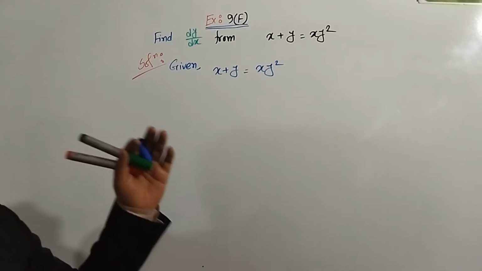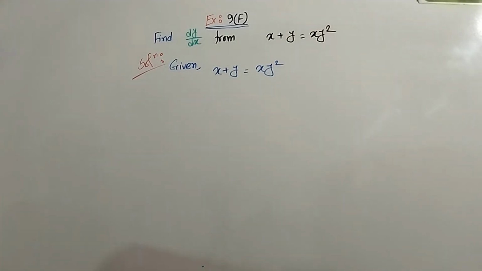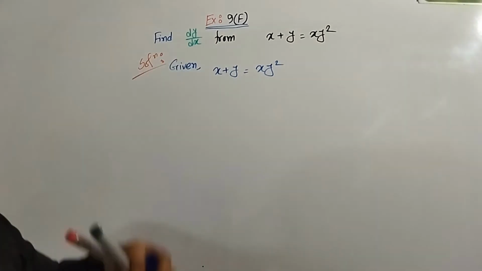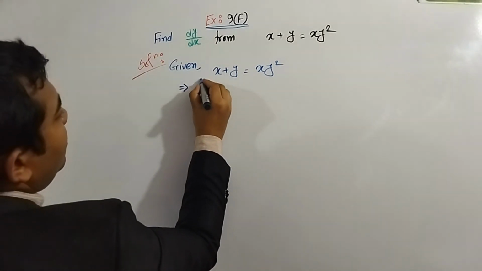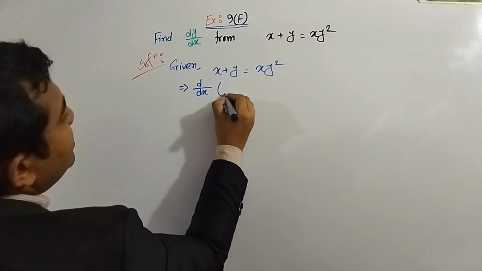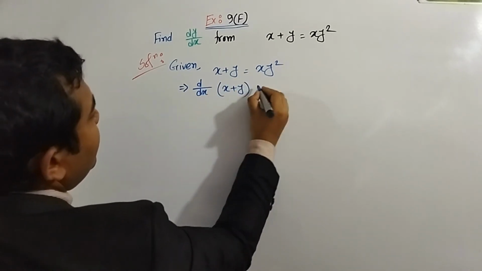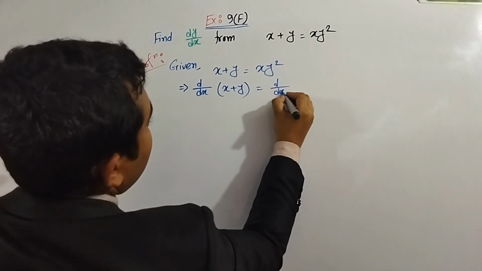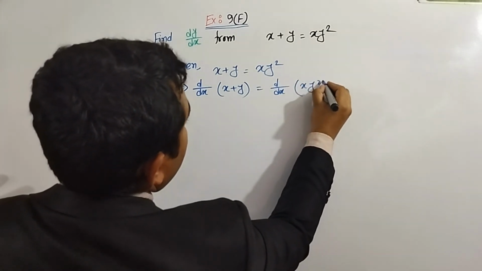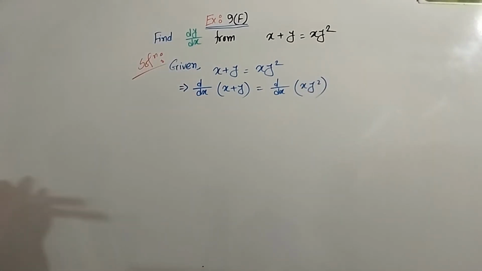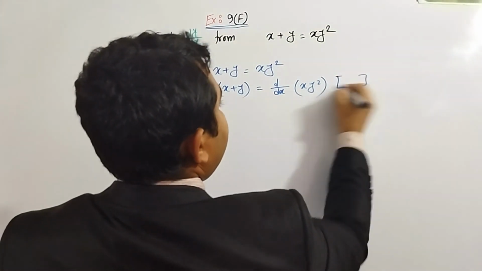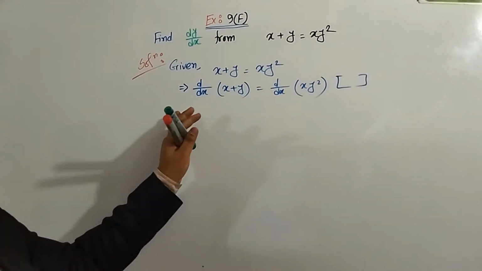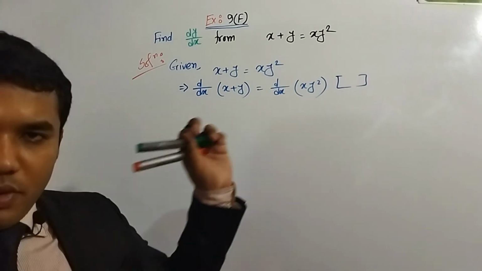So we have to differentiate this with respect to x, since we have to find dy by dx. So first of all, d/dx, that means we differentiate both sides with respect to x. We can give a side note too, that we differentiate both sides with respect to x.